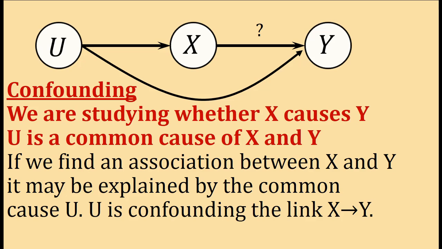But perhaps that relationship is because u affects x and u affects y, but there is no causal link between x and y. So because of this confounding that this graph allows us to visualize, we need to do something about it if we really want to understand the relationship between x and y.